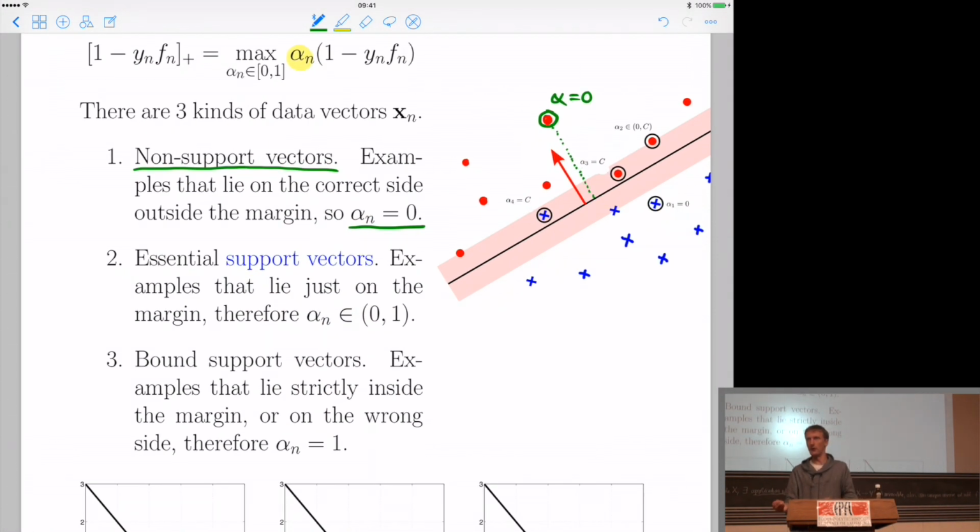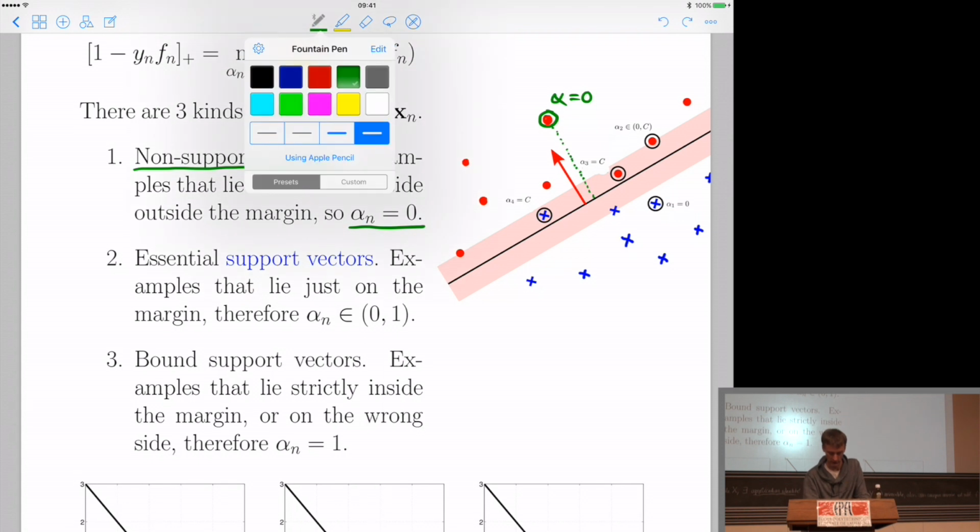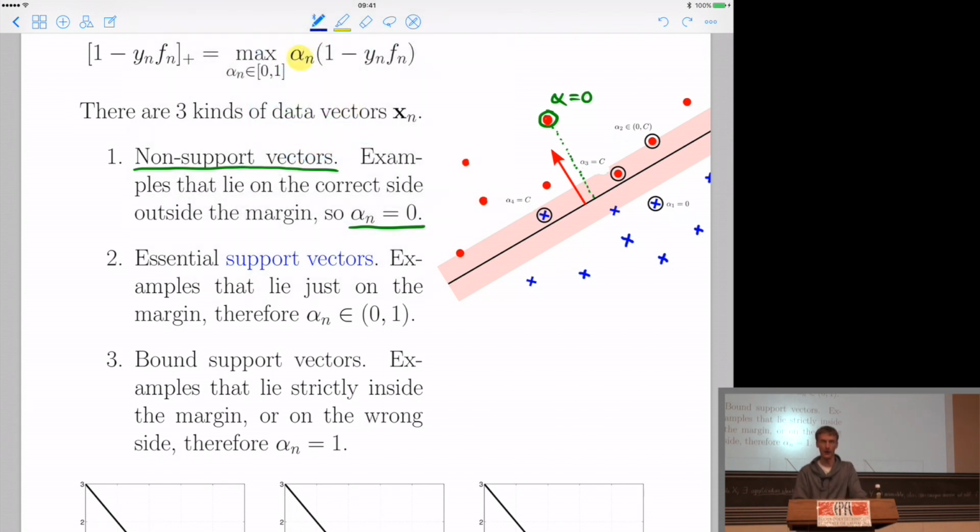What I'm doing now is just the same case distinction as we did before when we defined our trick. So I did the case when you're at the border, at the constraint of the alpha, which means that you're in the middle of the zero cost regime for the hinge loss. Okay, then here is a more interesting point, which is the essential support vectors.